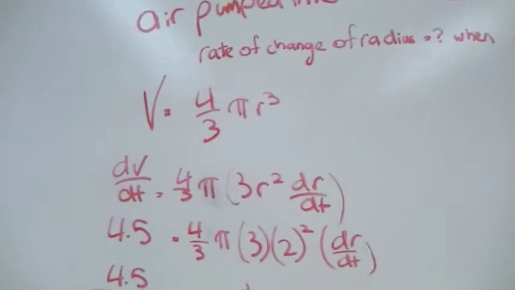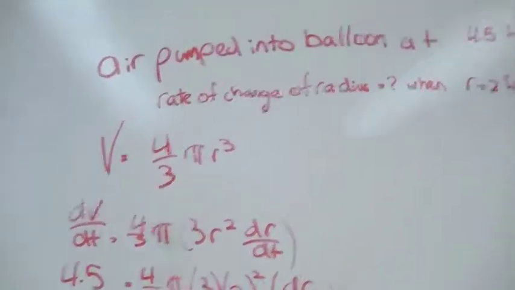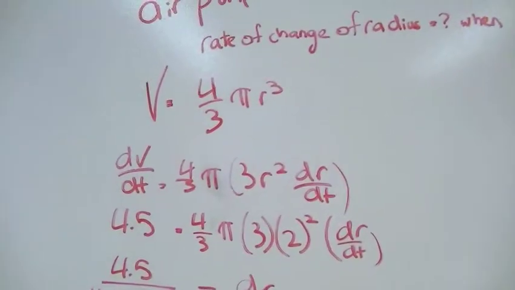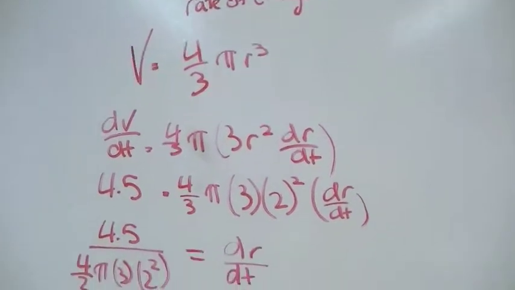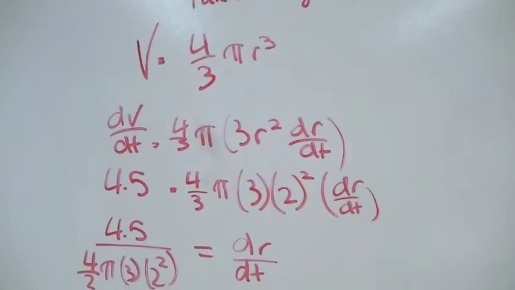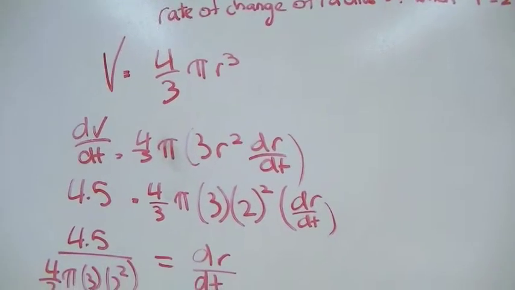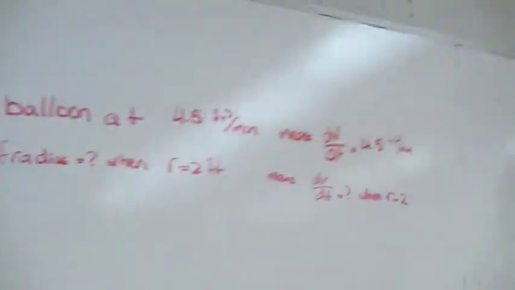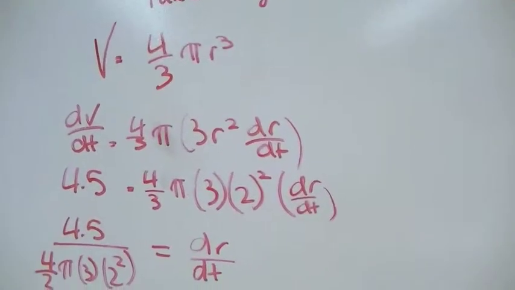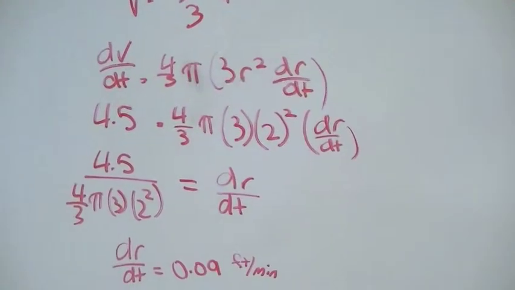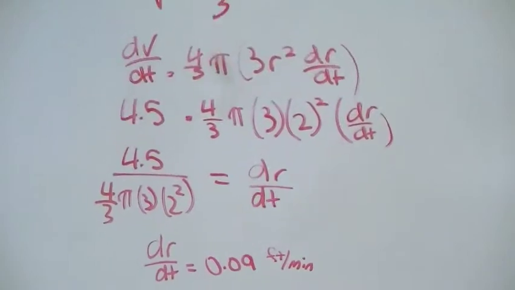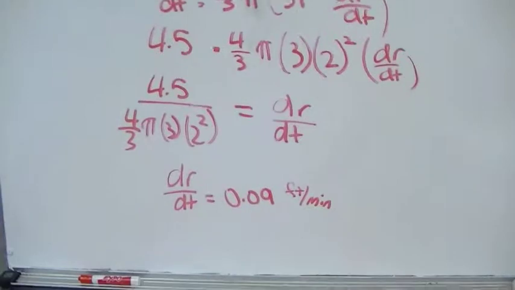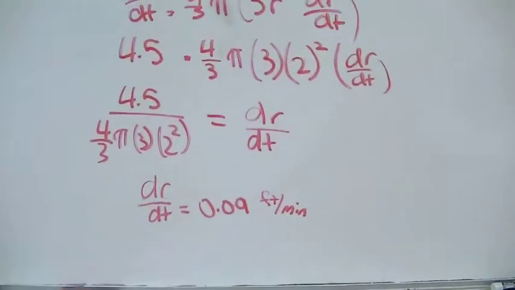We know dV dt equals 4.5 feet cubed per minute, so we replace dV dt with 4.5, and replace r with 2. Solving for dr dt by dividing, we get dr dt equals 0.09 feet per minute.